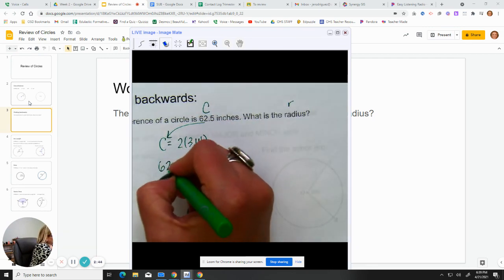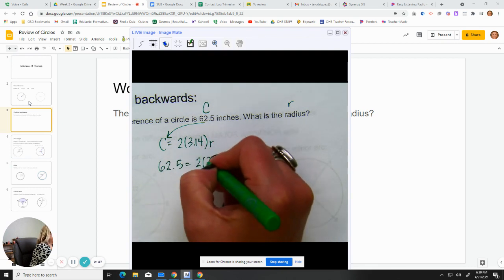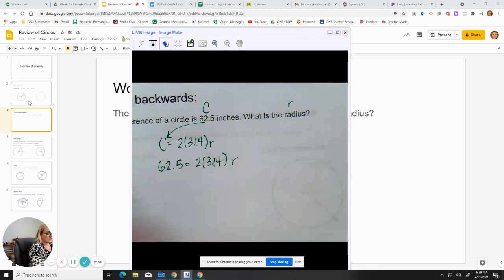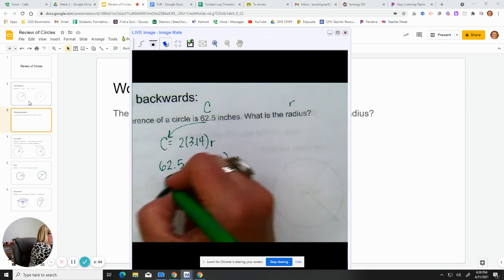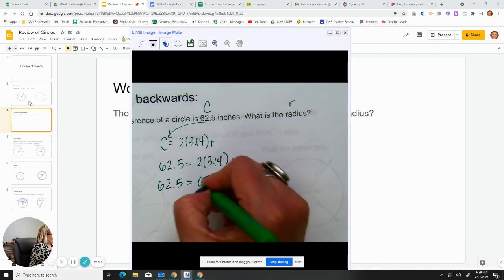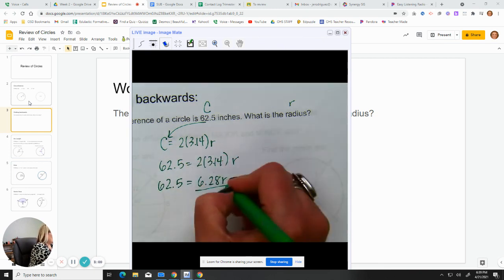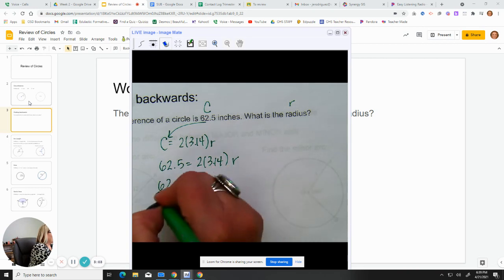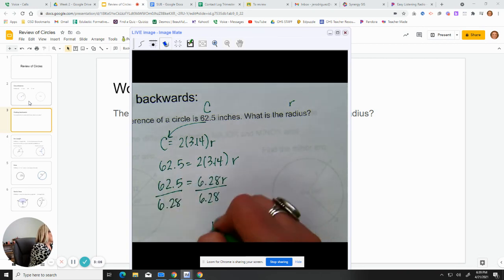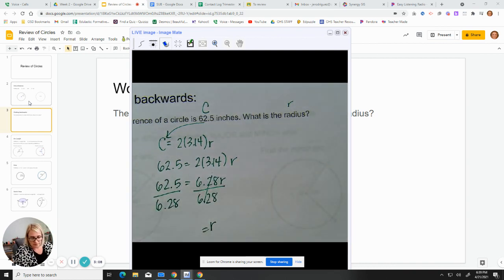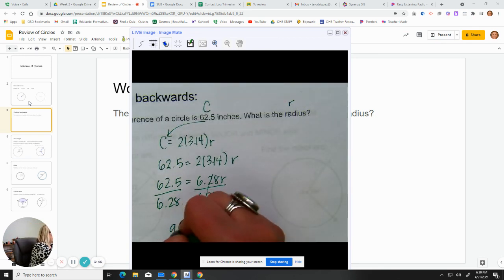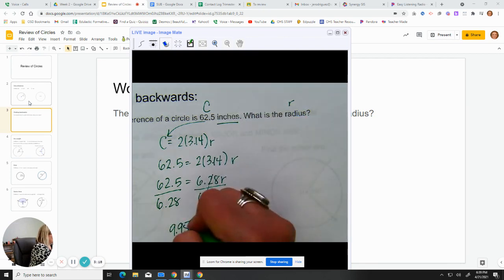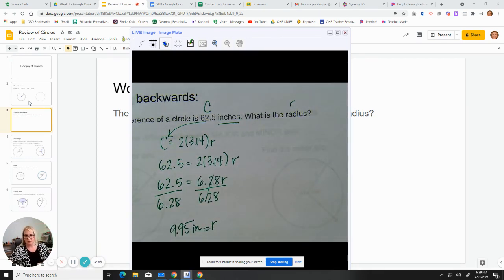So we are going to say 62.5 is equal to 2 times 3.14 times R. I am going to multiply 2 times 3.14 and get 6.28. I am going to divide. And R is going to be equal to 62.5 divided by 6.28, or 9.95. And this is in inches, so your radius should be in inches.